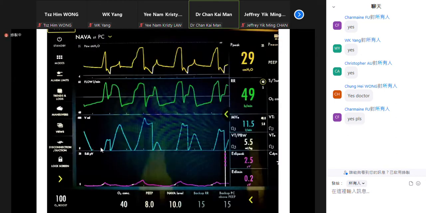So back to our patient, we put in an EDI catheter, and this is the signal that we get. You can see that the EDI signal was 2.5, and the white little dot represents the trigger mechanism. You can see that the breath is now EDI triggered, and this was accompanied by a rise in the peak of pressures.